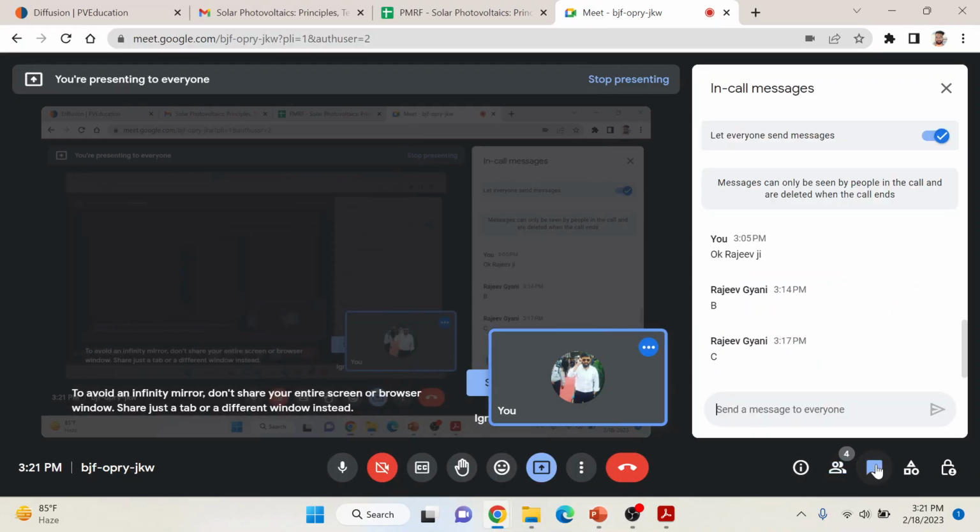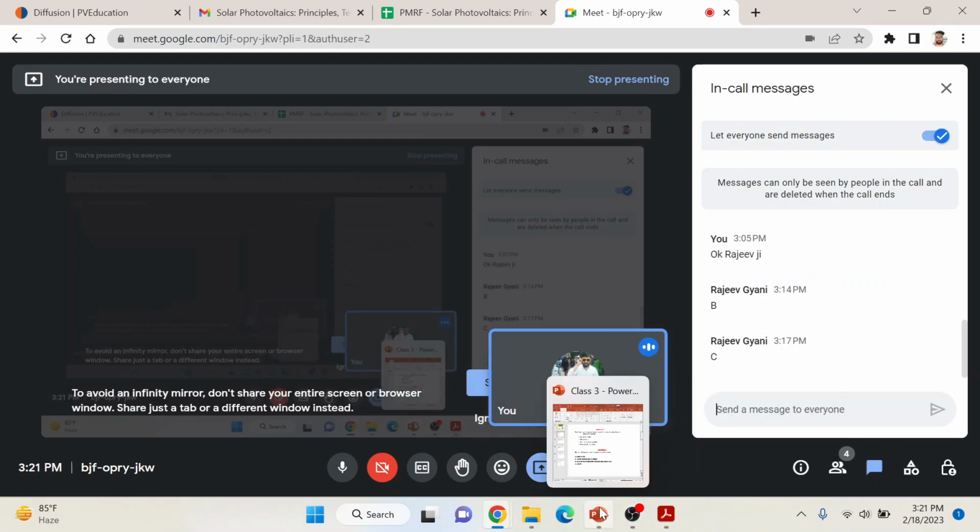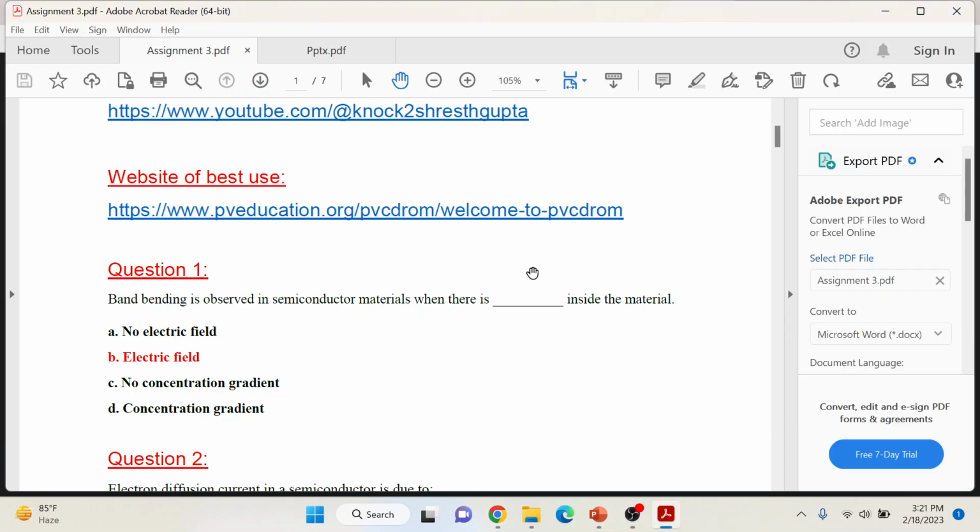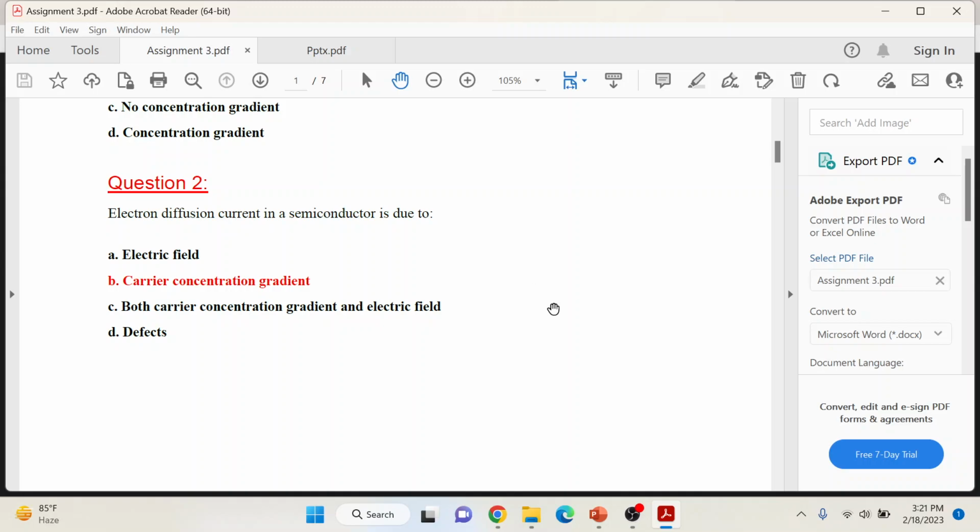Rajiv ji has said the answer is C, but I show you the answer. The answer is only the carrier concentration gradient. I'm only talking about the diffusion current, and electric field is a result that happens when we apply some external stimuli. But this diffusion current, which could be available already inside a semiconductor, is due to the carrier concentration gradient, as is clear from the name diffusion.